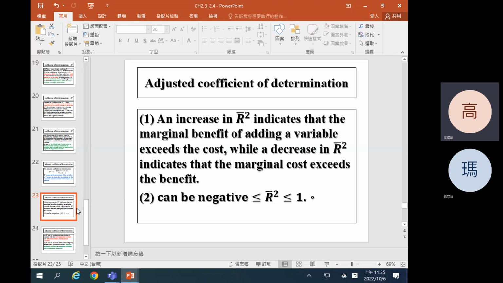It can be negative when you have a lot of unimportant x variables. Then adjusted R squared can be negative. Okay? All right?